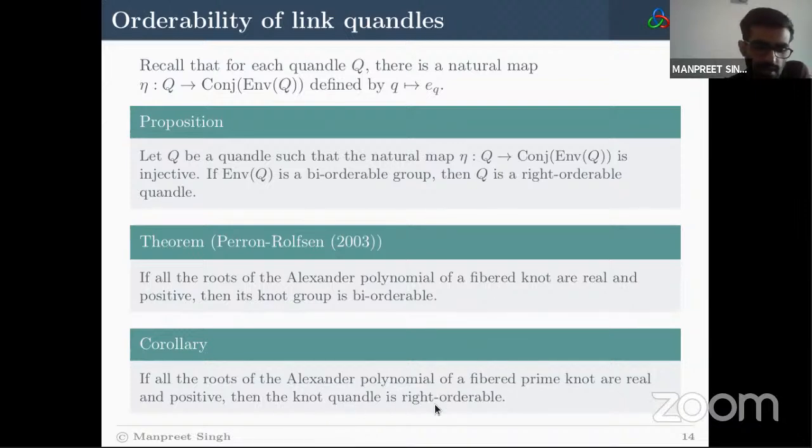The main idea is that for prime knots, this eta map from quandle Q to its enveloping group is always injective. And thus, for prime knots, their knot quandles are basically right-orderable.